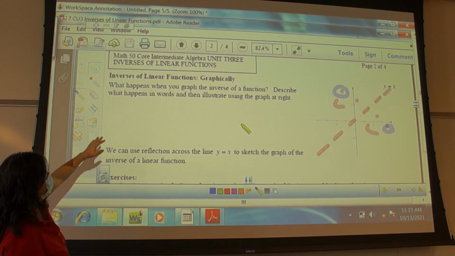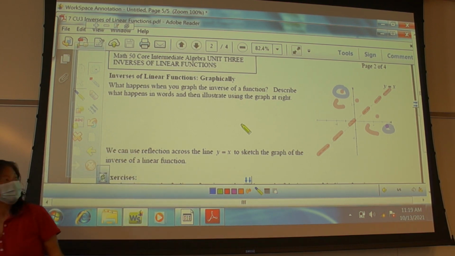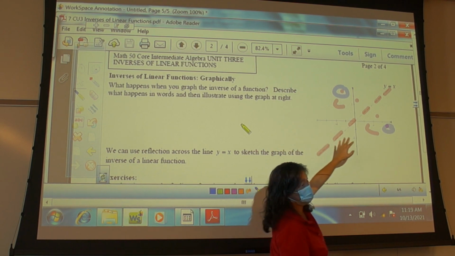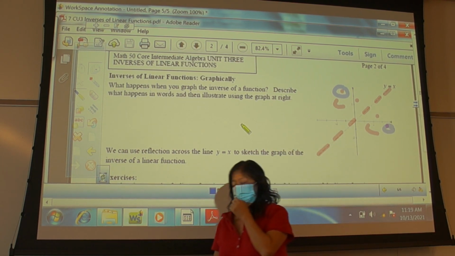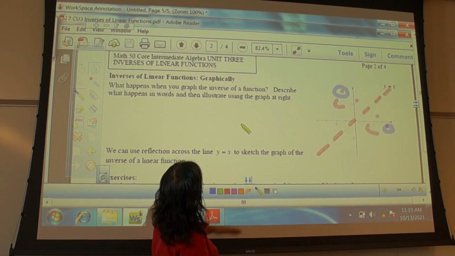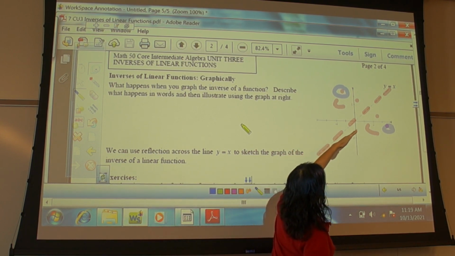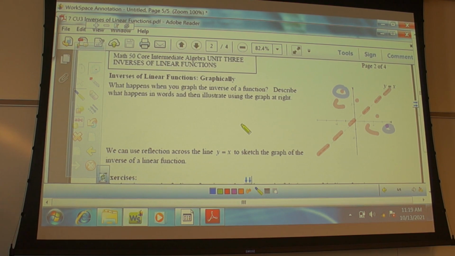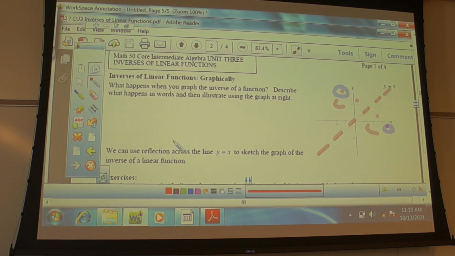Right, so when you graph the inverse of a function, I've just kind of told you, so you guys write down in words what I just described to you. It's reflected across what line? Illustrate, so draw something like what I drew.